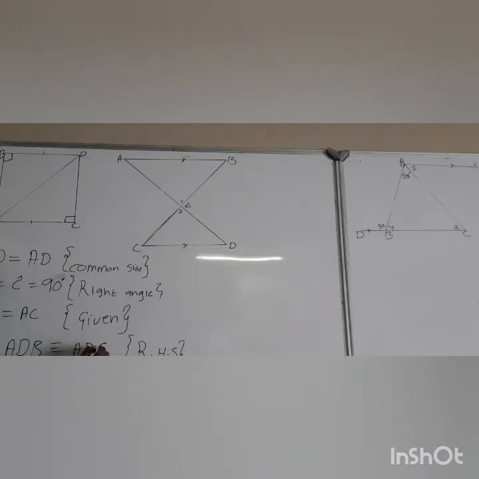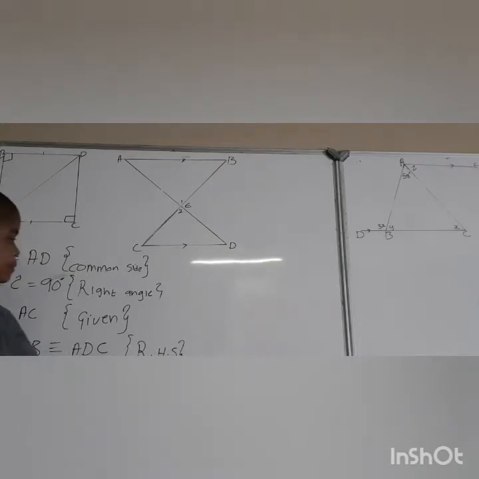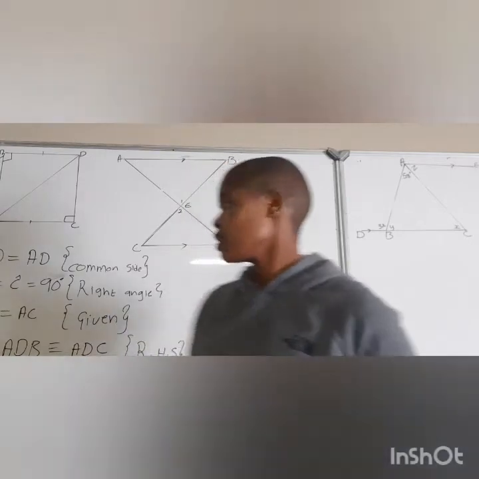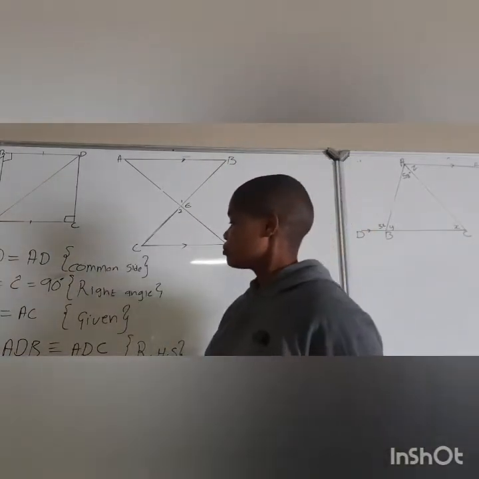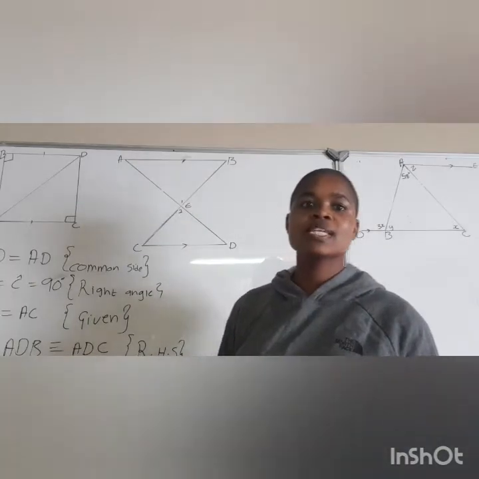AD and AD are equal. B and C are equal. BD and AC are equal. Okay, that's correct. Is everybody with us?